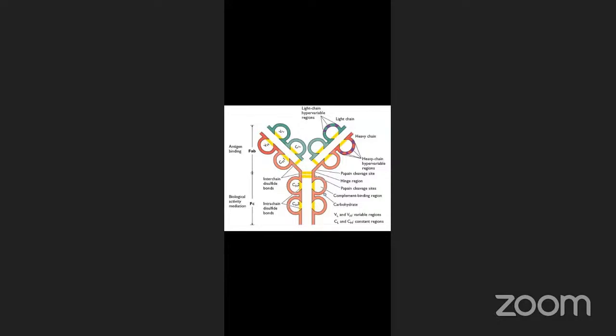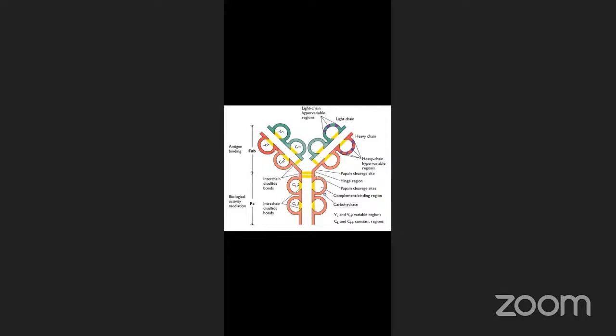Okay, these are glycoproteins or globular proteins secreted or synthesized against an antigen from the activated or effector B cell, that is the plasma cell. One is the memory cell, another one is the plasma cell. The plasma cell secretes the antibodies.